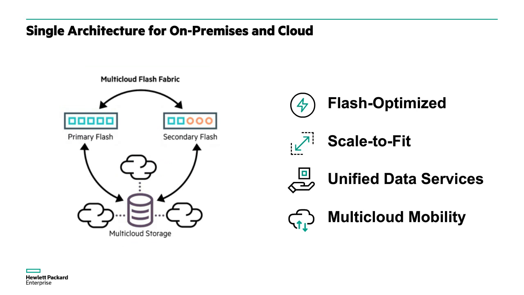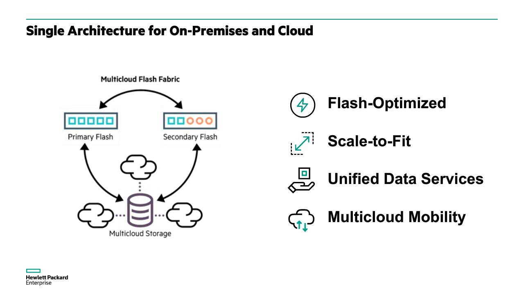The multi-cloud flash fabric provides that single architecture that can span both on-premises infrastructure as well as cloud. It provides a flash-optimized storage platform. It can scale to fit your customers' environments, and what we mean by that is scaling up as well as scaling out in a non-disruptive way as to not interrupt any user access to applications.